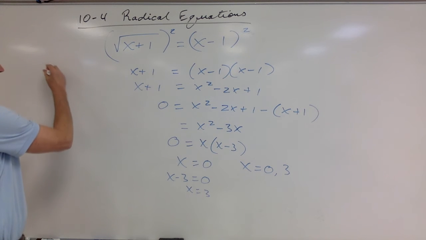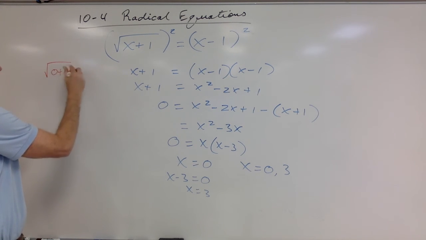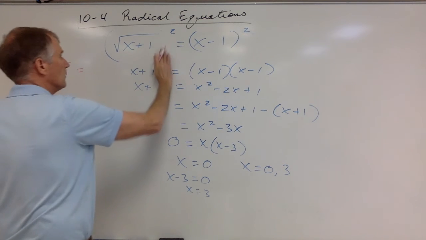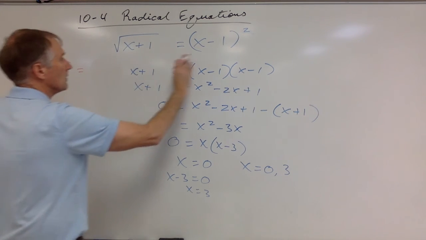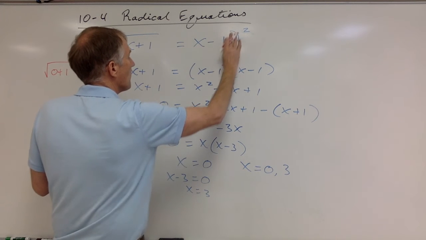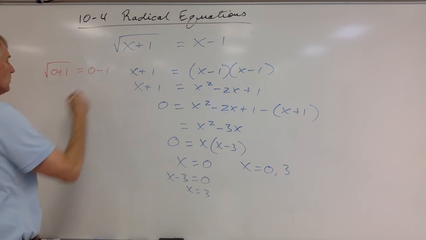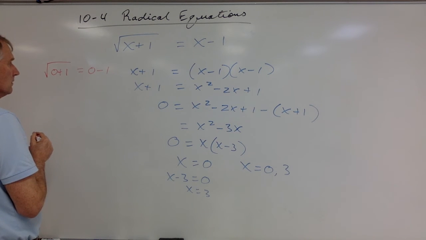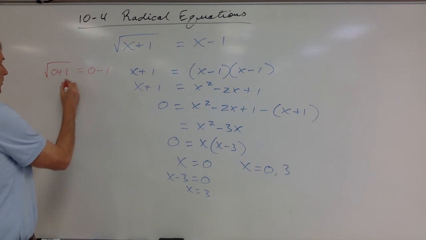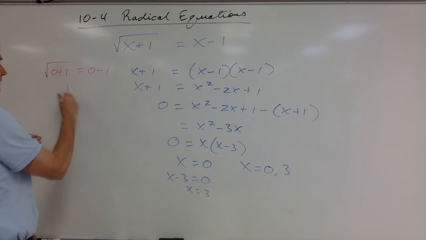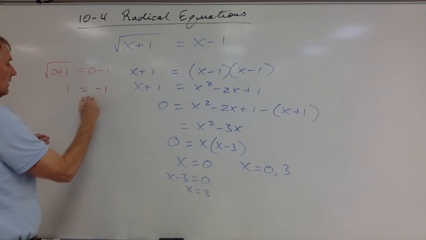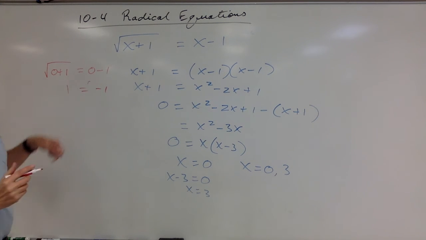So I'm just checking. 0 plus 1 equals, the original equation was this, equals 0 minus 1. So 0 plus 1 is 1. The square root of 1 is 1. Negative 1. That's not true.